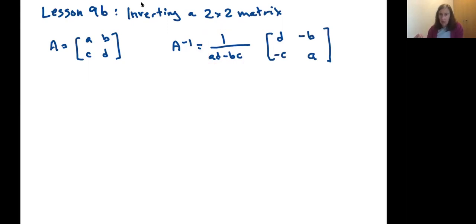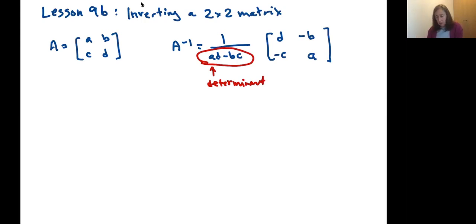And since I'll mention it later, I'll just tell you now that number has other uses. It's called a determinant. It's just the denominator there. So AD minus BC is the determinant of A. Put that in the denominator of the fraction.